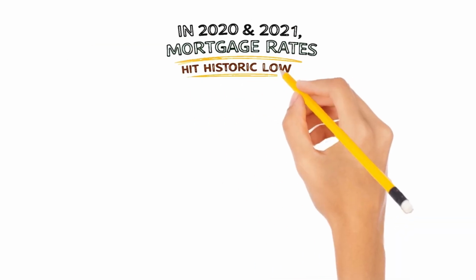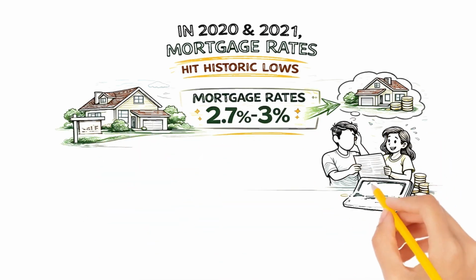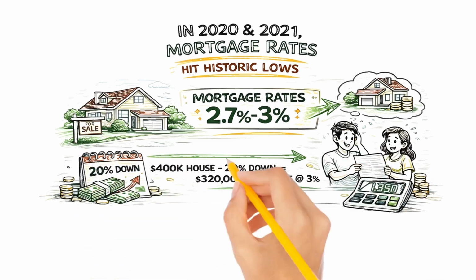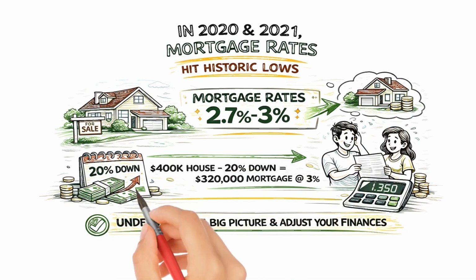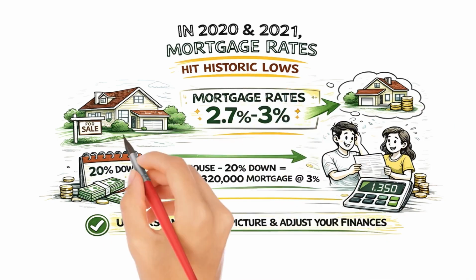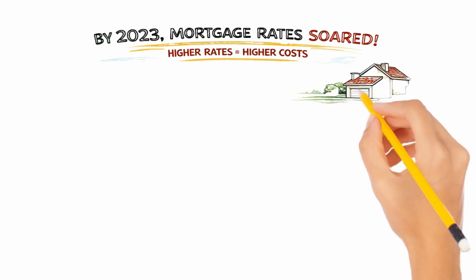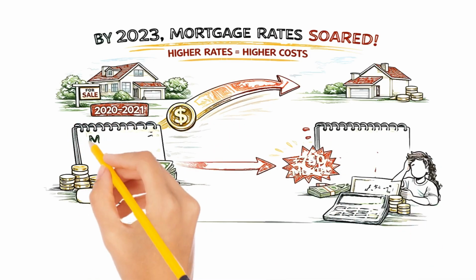Interest rates and mortgages. In 2020 and 2021, mortgage rates were at historic lows, around 2.7 to 3% for a 30-year fixed mortgage. A $400,000 house with 20% down meant a mortgage of $320,000 at 3%. Your monthly payment would be about $1,350. By 2023, mortgage rates had shot up to 7% or higher.